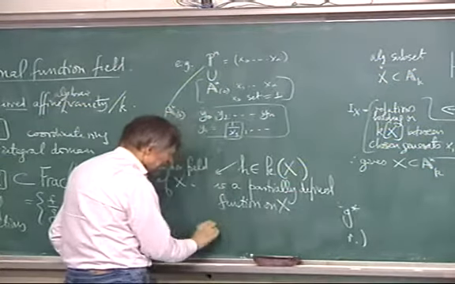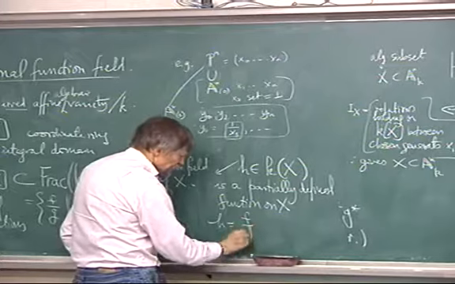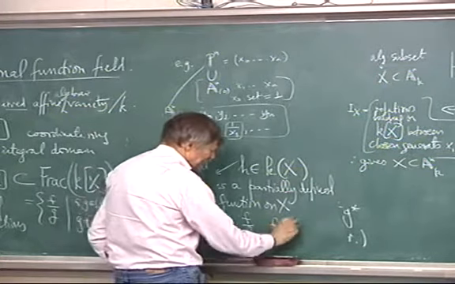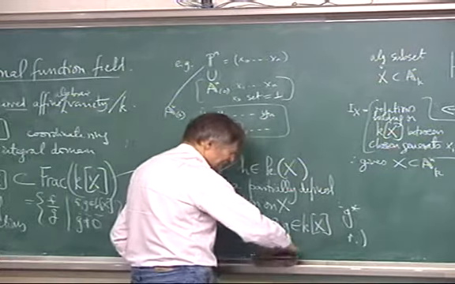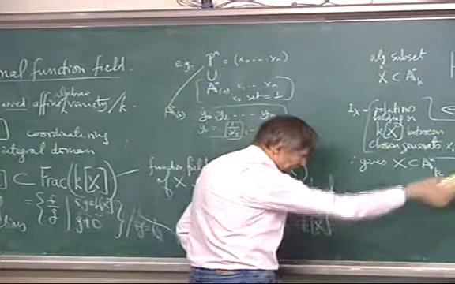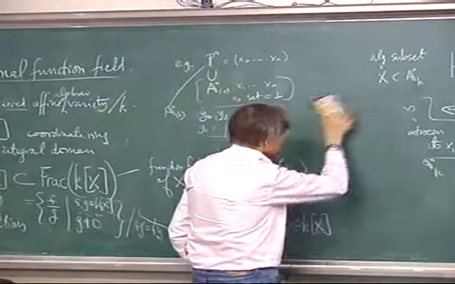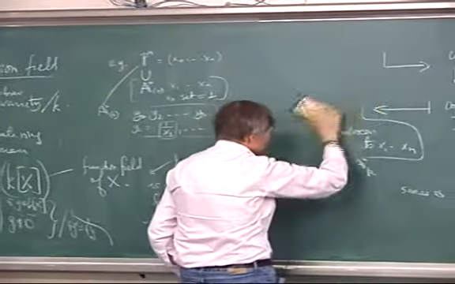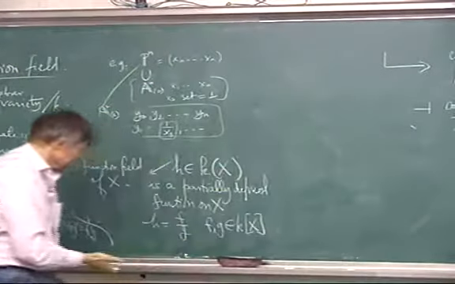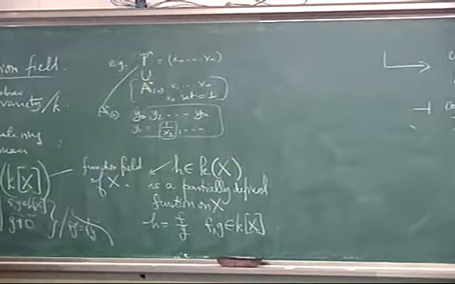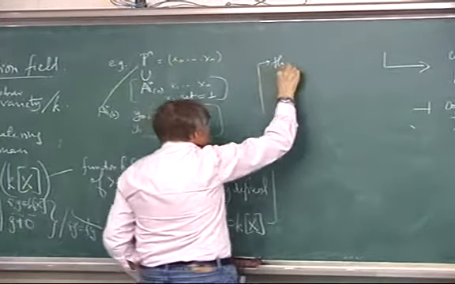Namely, h, by construction, is of the form f over g, with f and g in k[x]. Just like that x over y, y over x over there. If you see y over x, then you're perfectly happy. It's a perfectly good regular function as long as the denominator is not 0.